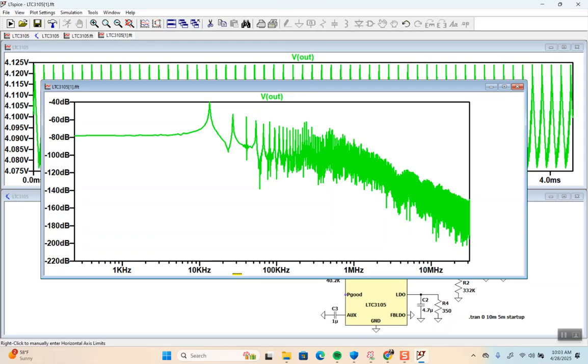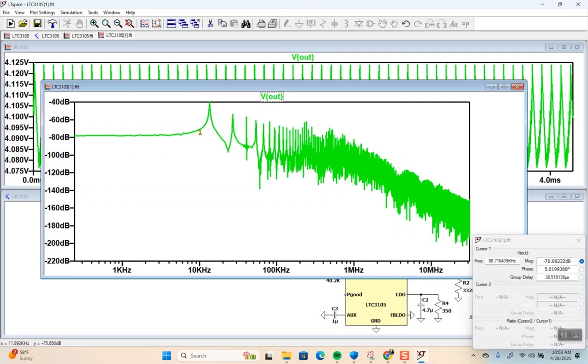Yeah. I mean, the thing is if I set it here, well, the roll off of the filter isn't that great at that point, so it's not really going to attenuate that.